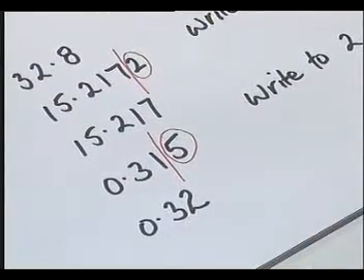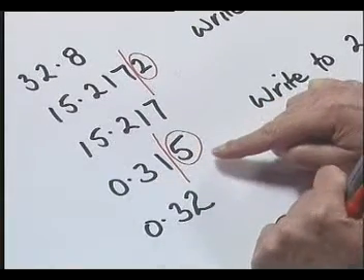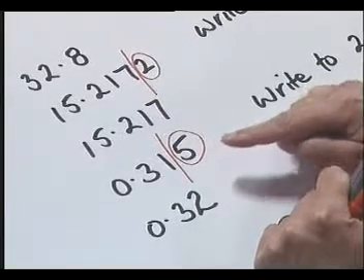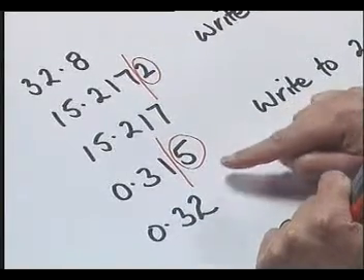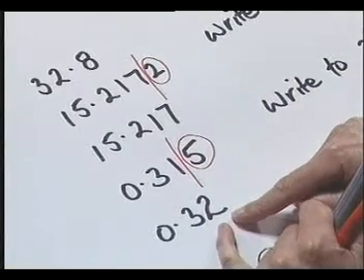So to 2 decimal places, this number will be written as 0.32. Well, you might say that actually 0.315 is exactly between 0.31 and 0.32. So why should it change? Why should it go up? Well, it is exactly in the middle. If there were any other digits here, obviously it would be closer to 0.32, so it would go up.